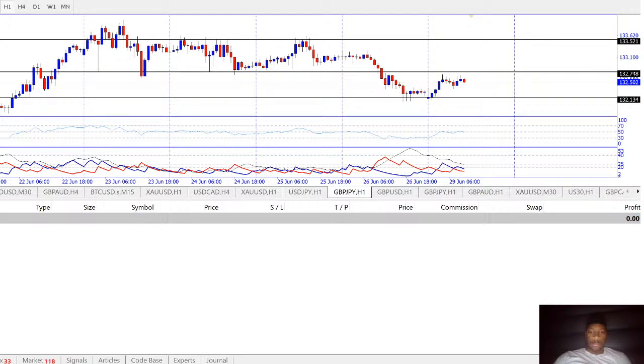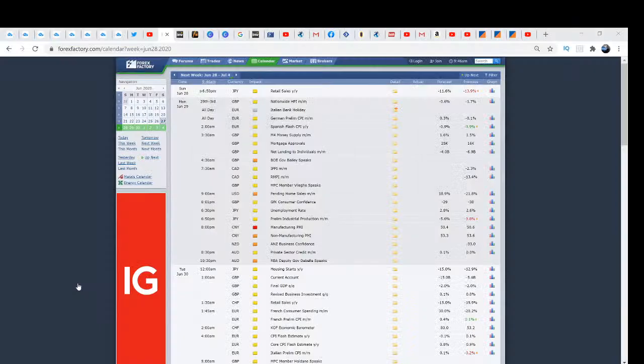So if we look at the calendar right now for Monday, you see there's a bank holiday for the euro, so the euro pairs should be moving kind of slower with volatility. Nothing too crazy going on during the London session for GBP pairs.